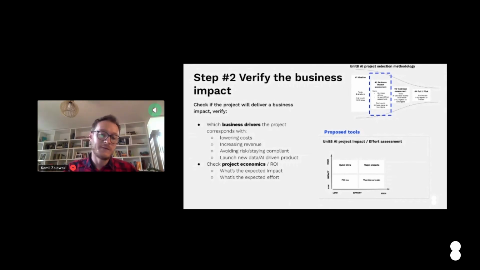Another thing that we do as well is we try to assess the impact and the effort that goes into the project. And I mean, no rocket science in here. You can see my simple 2x2 matrix, but in fact, it's a very powerful tool to quickly reject some of the projects that may have low value and potentially high effort.